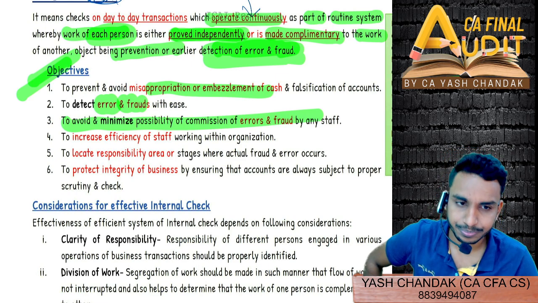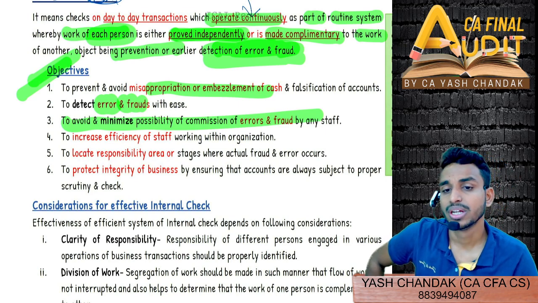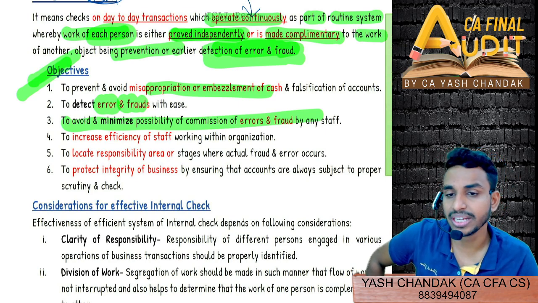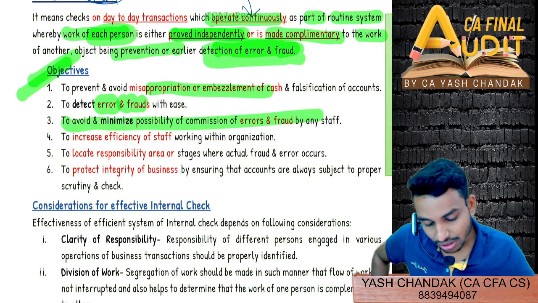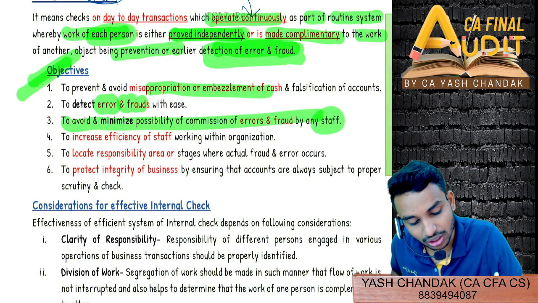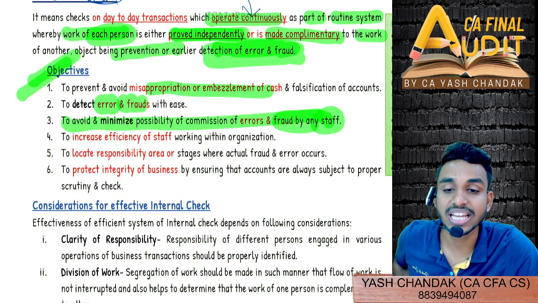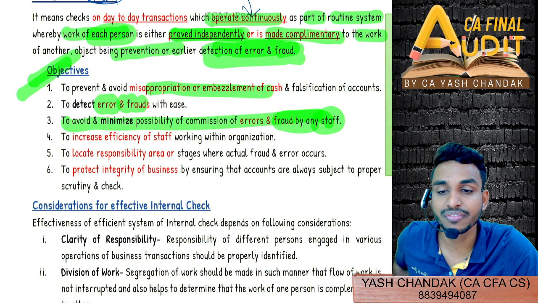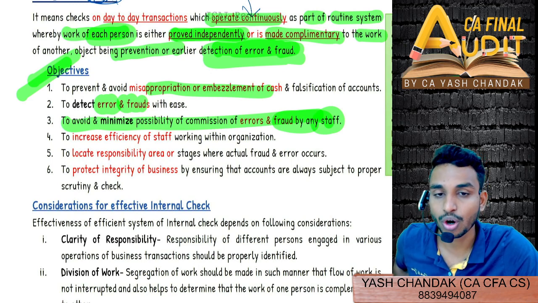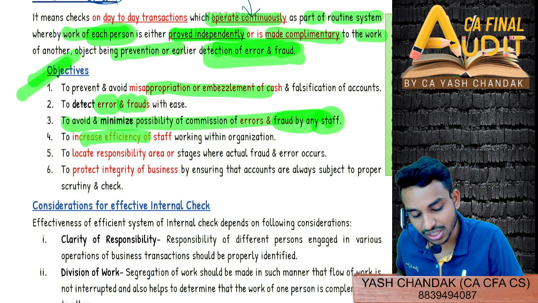If, suppose, Lakshmi's mother already knows that she is a very notorious child, that is what she wants to say, that any sort of staff fraud or error that she is bound to make, then definitely internal check is there as an objective. We also have an objective of check on the fraud done by the staff, and increasing efficiency of staff.